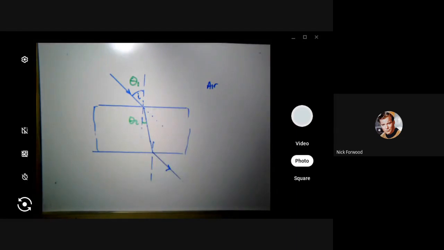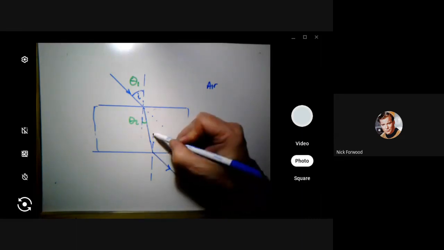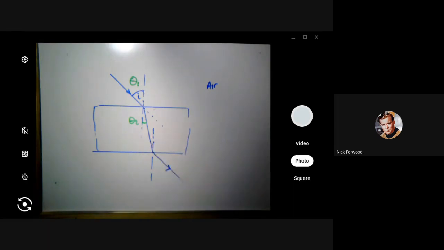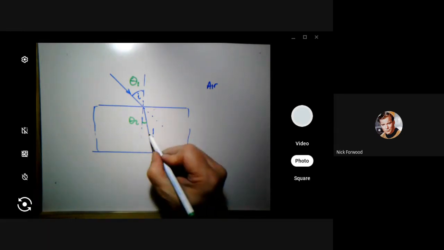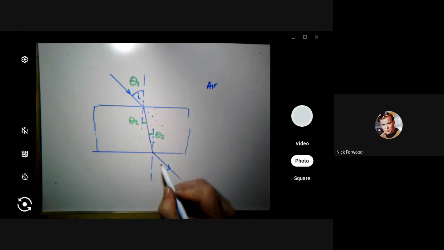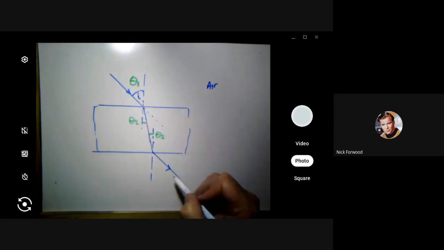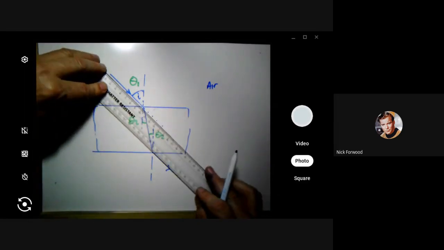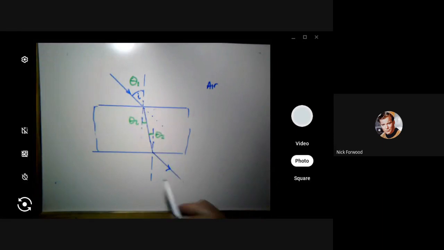Now, some simple geometry would tell you that this angle here is also theta 2. And this angle, because these two lines are parallel, that ray of light coming in is parallel to the ray of light leaving. This must go back to being theta 1.